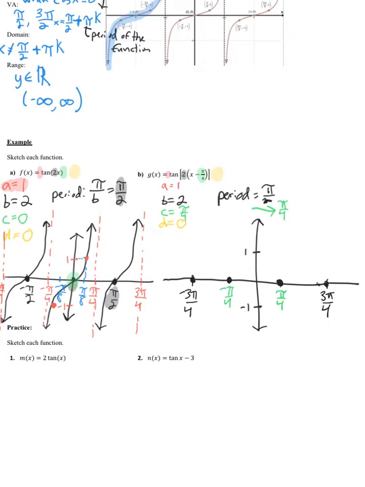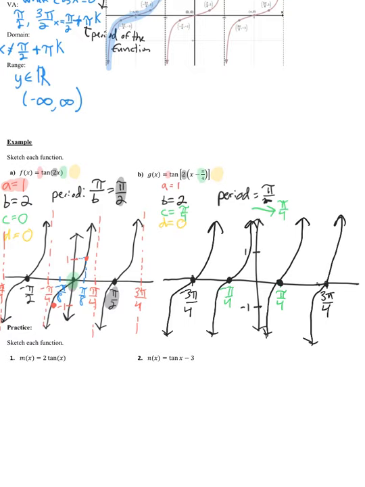Okay, and this time, if I were to sketch my function, because the period's pi over 2, my asymptotes are also going to be pi over 2 units apart. So this time, one of my asymptotes I know is going to be at 0. So there's a vertical asymptote.